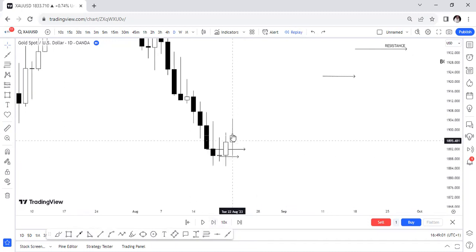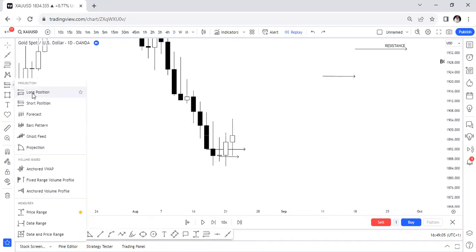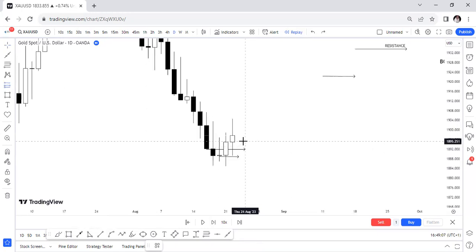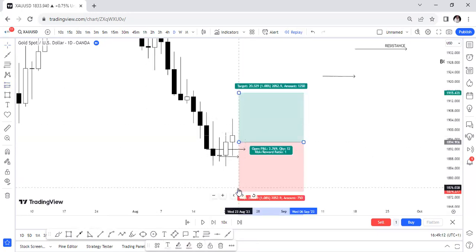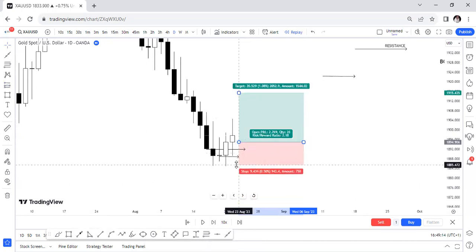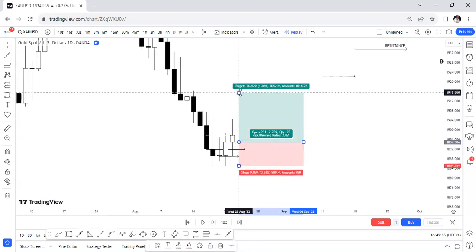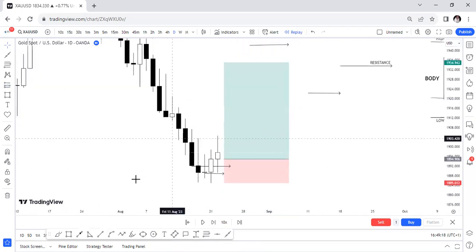Exactly what you see, the wick. So you put your buy position here. As you see, it has confirmed. You put your stop loss below here. Then you target the high, the next high of that move.